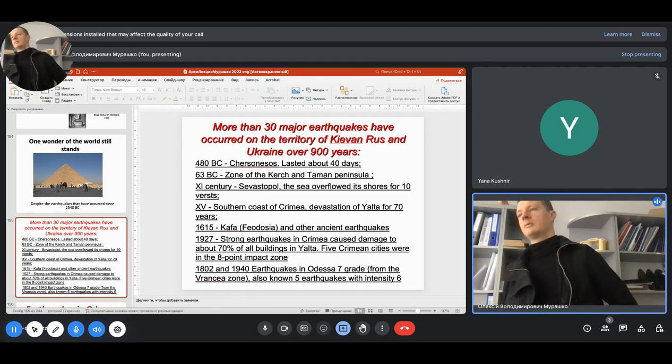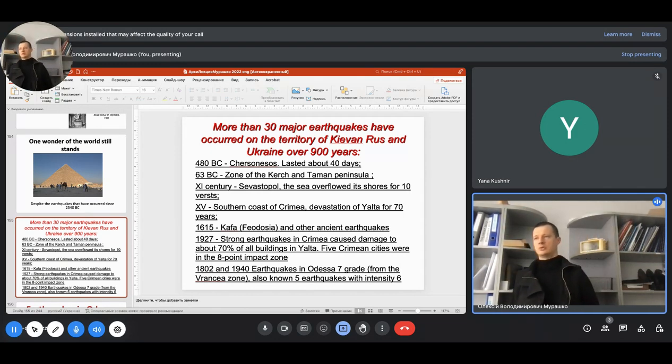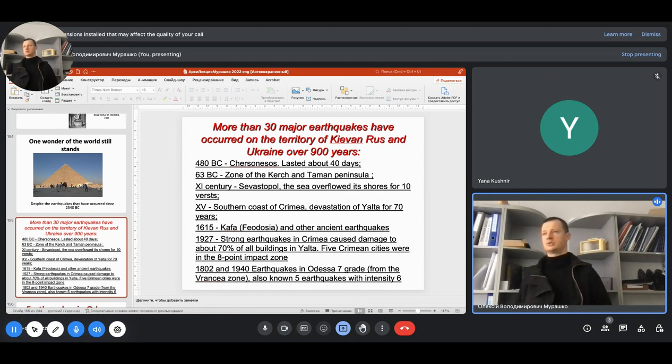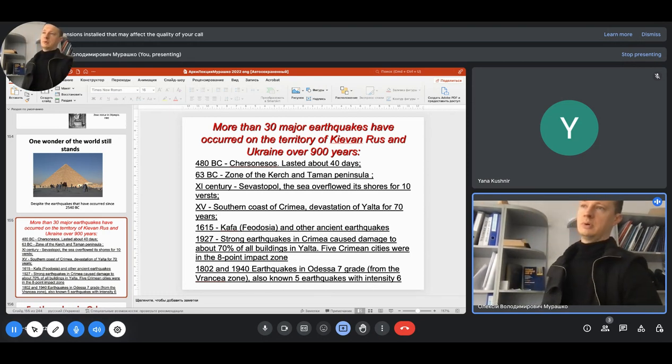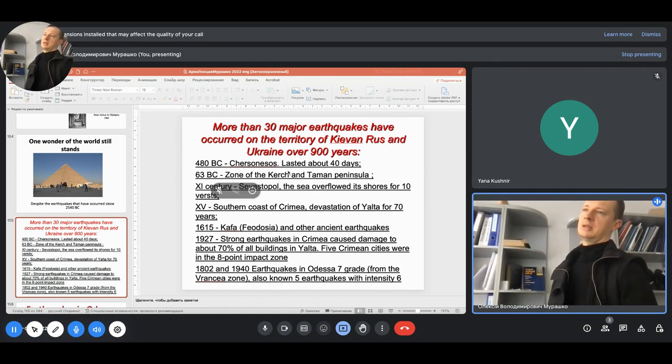And when we talk about local Ukrainian earthquakes, we have to know that more than 30 major earthquakes have occurred on the territory of Kievan Rus during the last 900 years. Some of them were even before Christ, like 480 in Chersonesus, and in historical sources we can find information that it lasted 40 days.